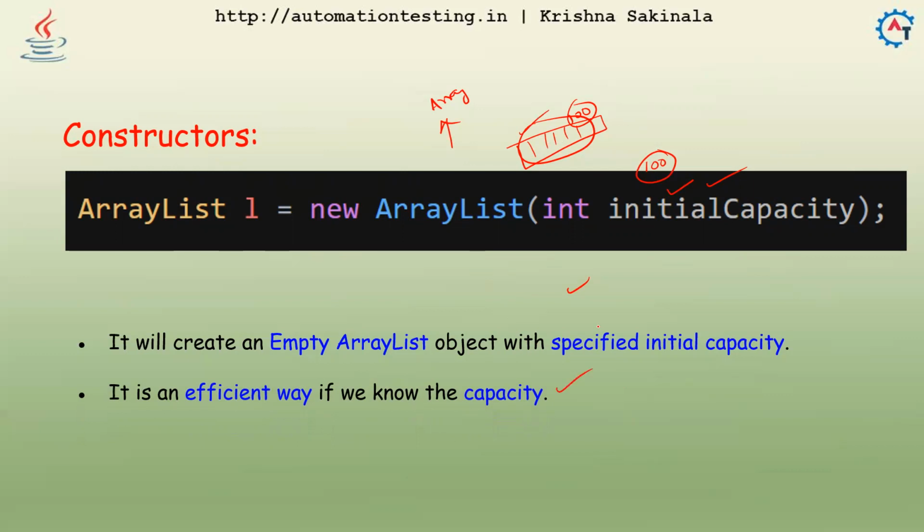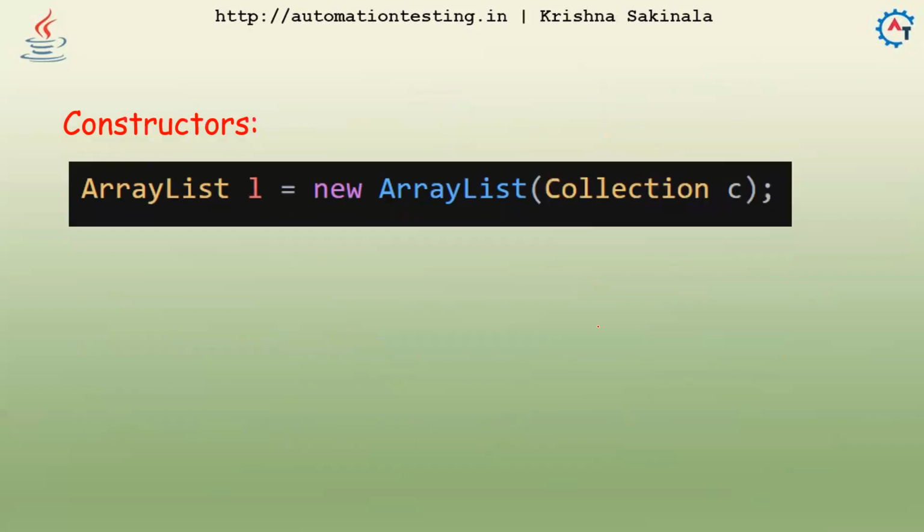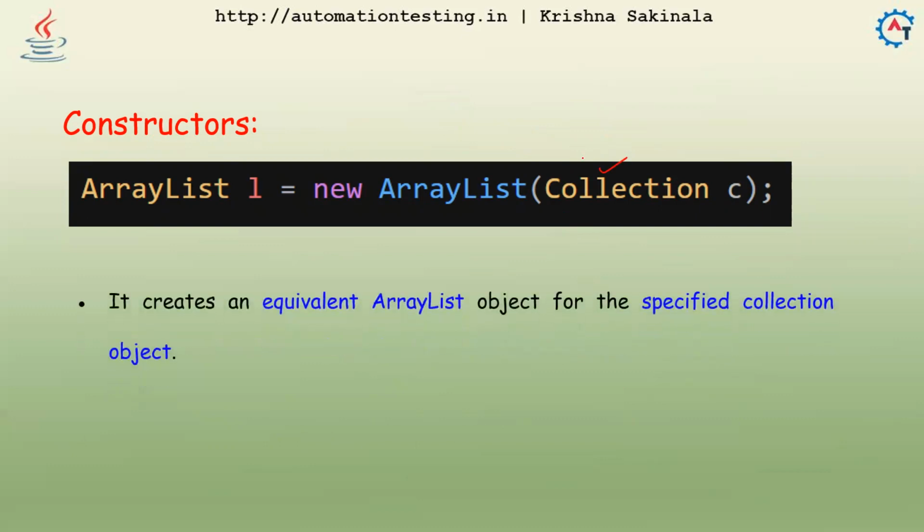This is another constructor. ArrayList l = new ArrayList(Collection c); it will accept a collection. You can give another collection, and it creates an equivalent ArrayList object for the specified collection object. There are so many collections in that diagram, right?